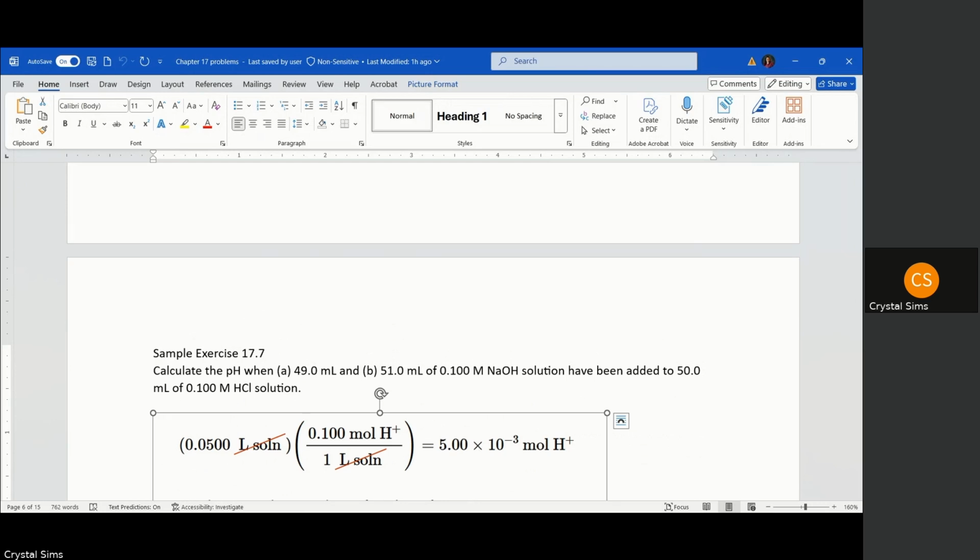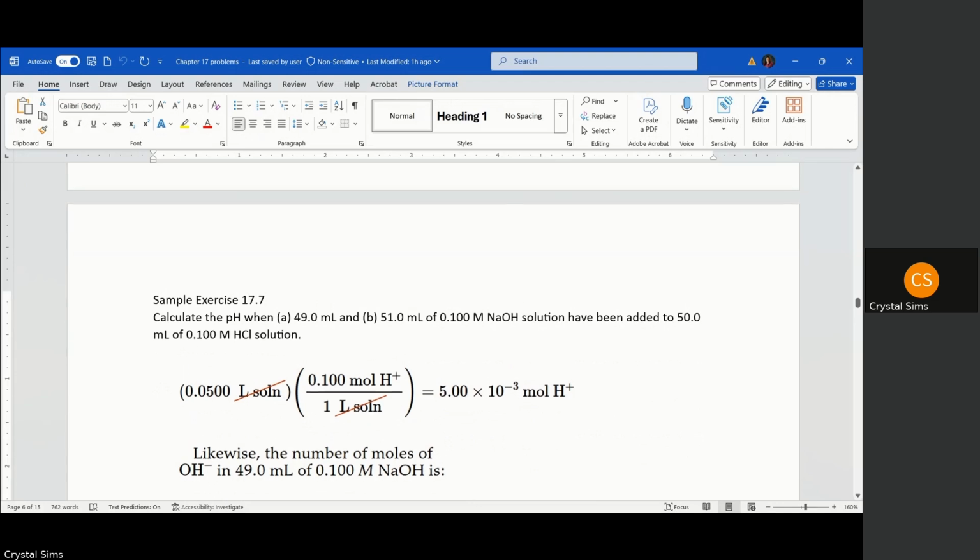So we set up our calculation here, and we end up with 5.00 times 10 to the negative 3 moles of the hydrogen ion. So this is just the number of moles of hydrogen ions in the original hydrochloric acid. We multiply the volume of the solution and the molarity. That gives us our number of moles.